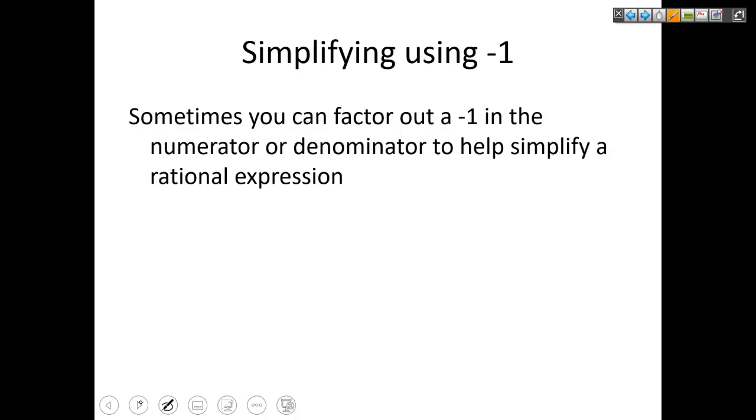There are going to be times when you have to take out a -1 to make your factors match. So let's say, for example, I had -x plus 4 over x minus 4.